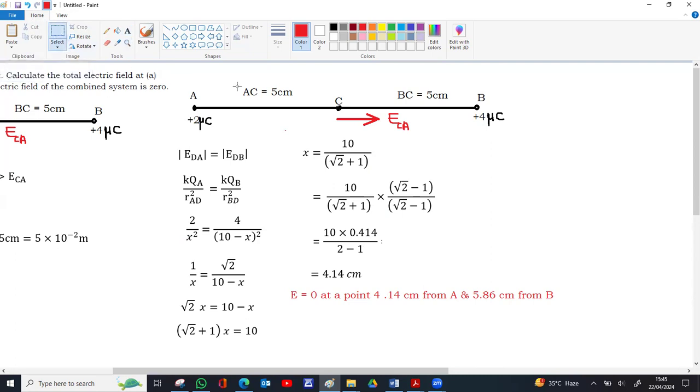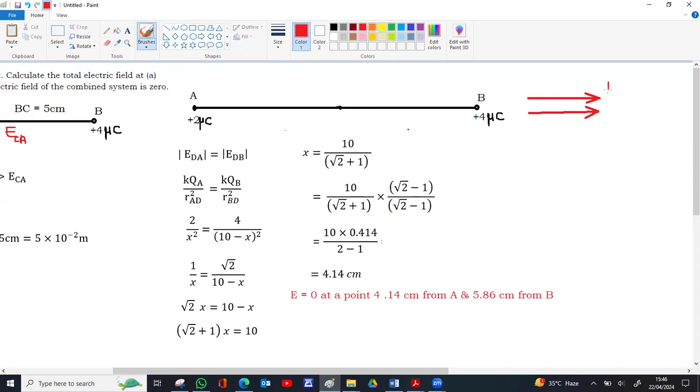Now the modification, what I didn't do in the beginning: we don't want AC, DC, so from the last question, when we don't want C, the fields of B and A are both in the same direction here. For a vector to be 0 at a point, the first priority is they must be in opposite directions.